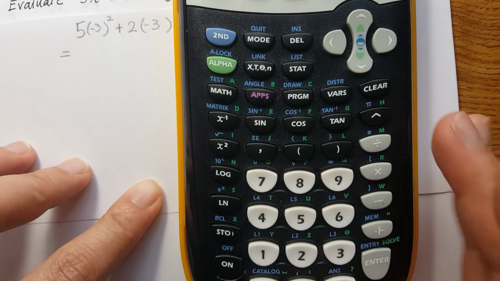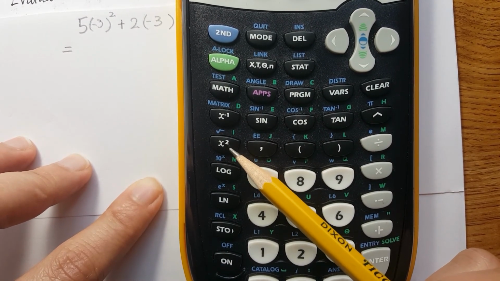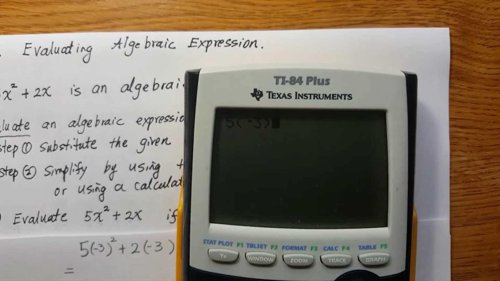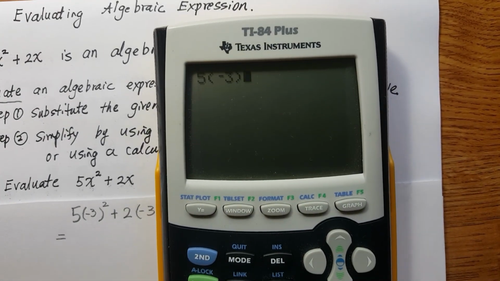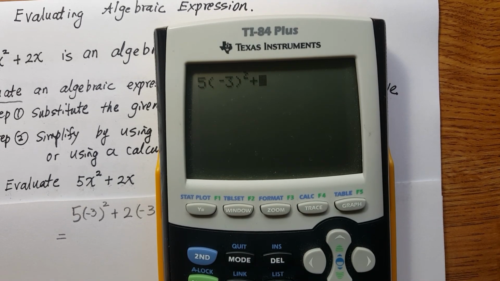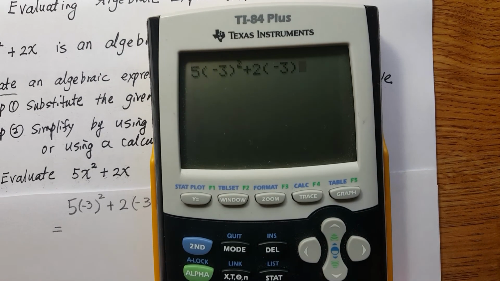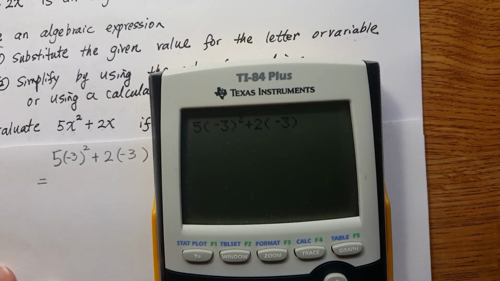And where you get the square is right here, x squared. That will give you the square symbol. So now we're going to have square and then plus 2, parentheses, -3, and close parentheses. After you type in exactly the same, now you press enter.